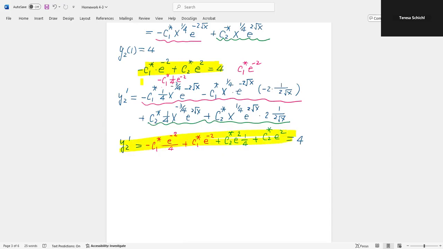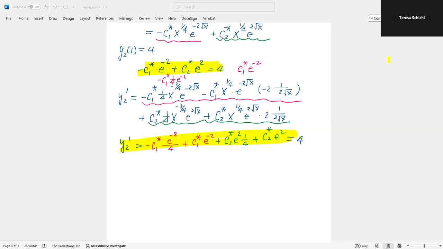We want to solve the system of the equations. Let's be very careful.